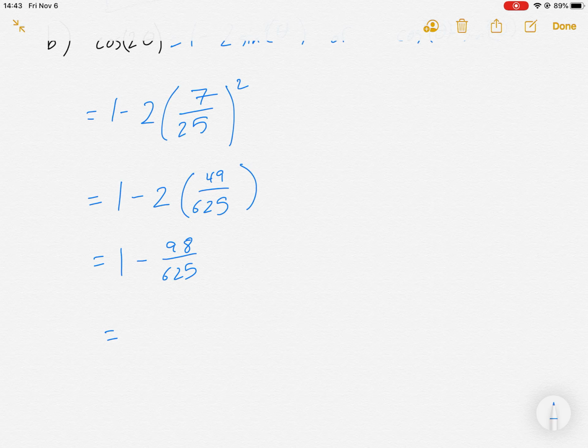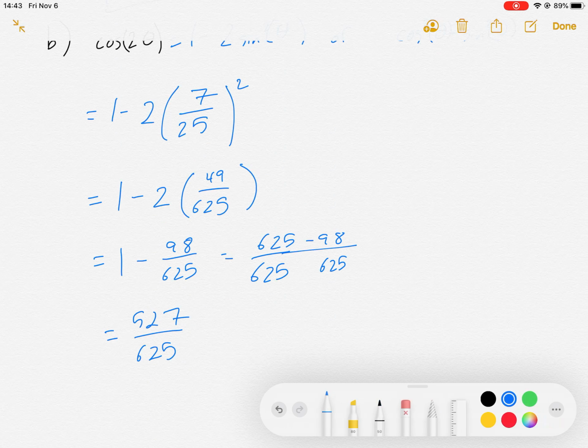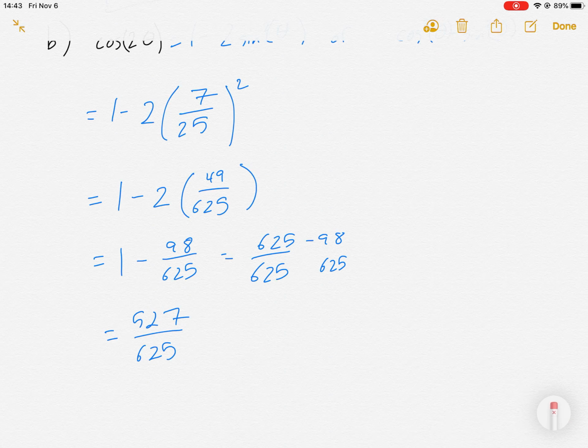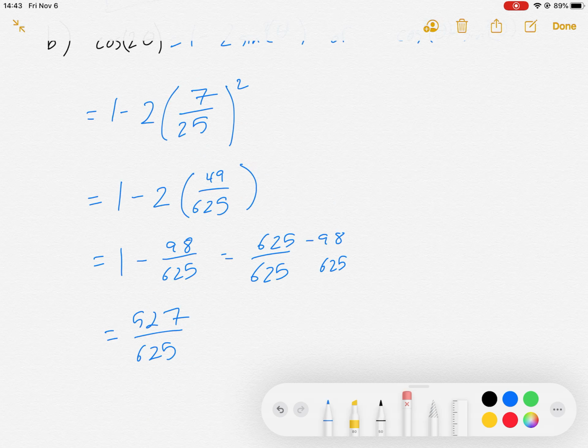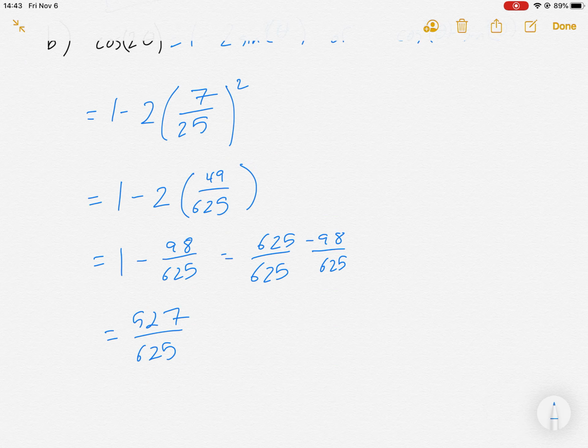So this ends up being 527 over 625. What I did is I took the 1 and turned that into 625, and then I subtracted 98 from it. So I'm trying to do some review of fractions here, but hopefully at this point you've refreshed your memory on it and you're not too worried about it anymore.